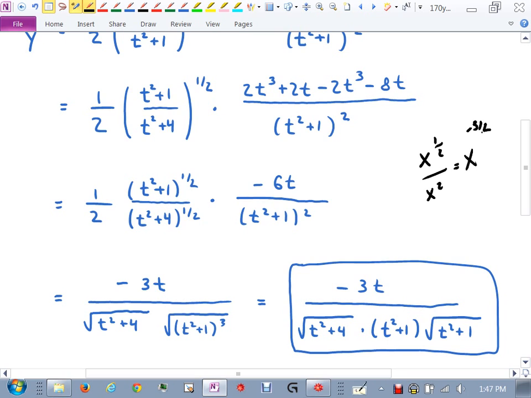But then I drop it to the bottom, which makes it 1 over x to the 3/2. But that means 1 over the square root of x cubed. This is all properties of exponents right here. Drop it down. What does that mean? It means this. But instead of x here, I have what? T squared plus 1. So that's where this comes from.